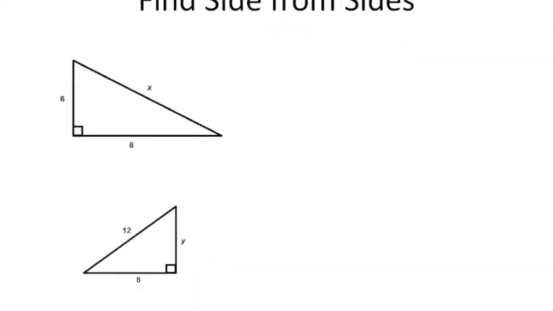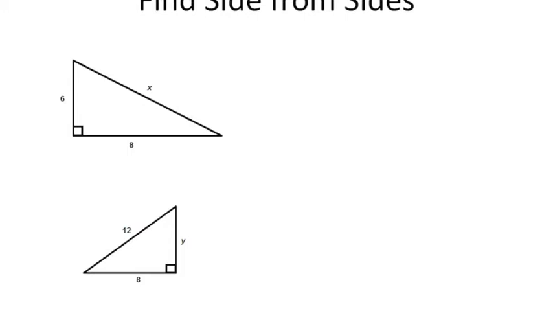Now let's look at those two examples. We have two triangles, and of course both of them are right triangles. For each of them, we only know two sides, and we don't know the other side.